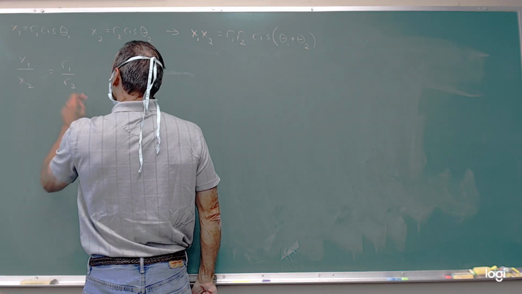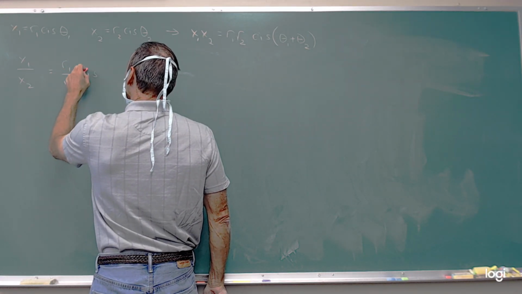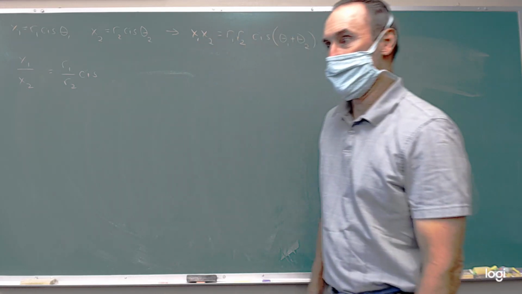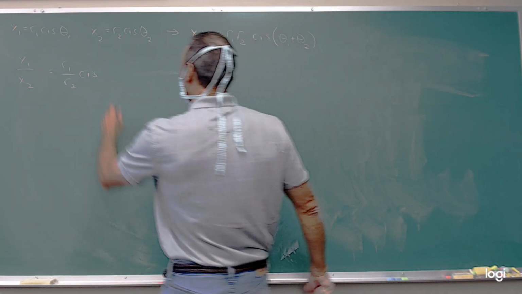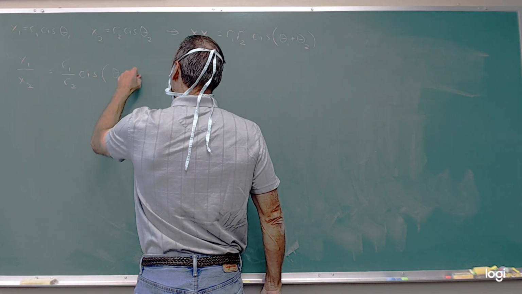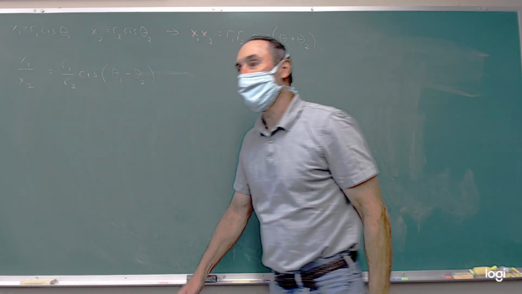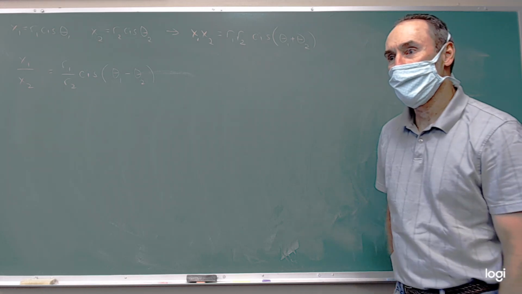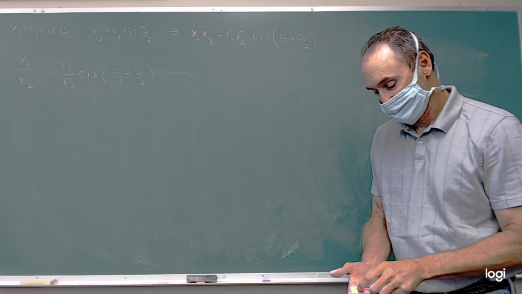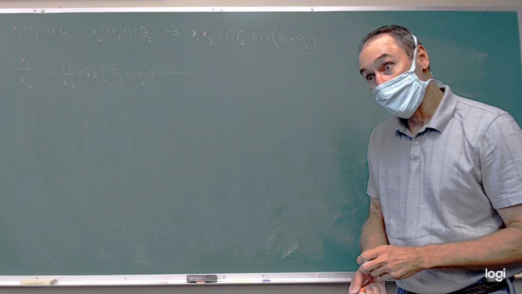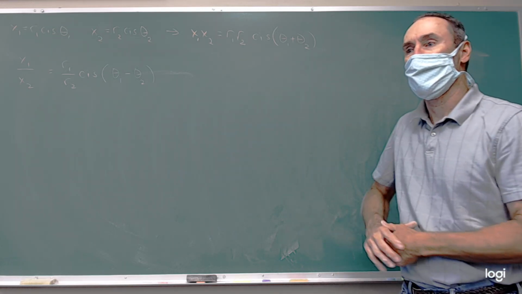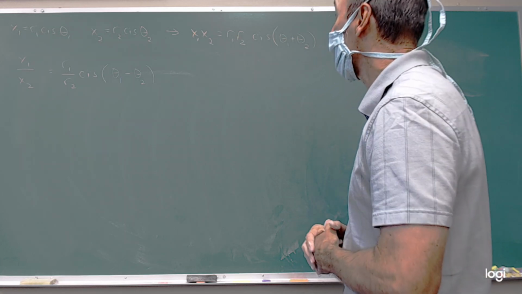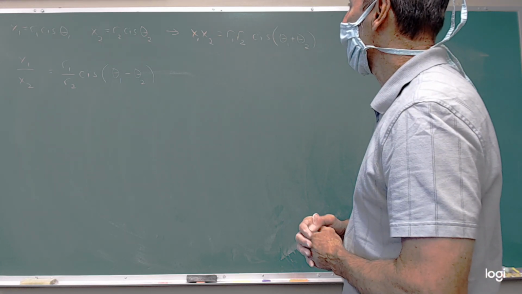It's going to be R1 divided by R2 cis, oh, you guys are good, you're going to subtract their angles. True story. Which we're not going to prove. It's not that hard, but you have to use the sum and difference angles of sine and cosine, which I don't want to get down and dirty in.